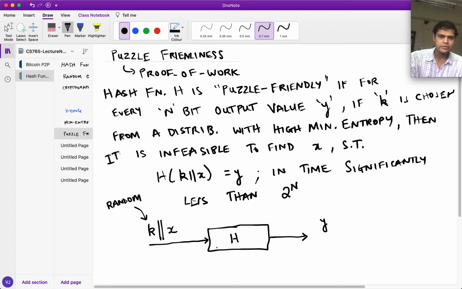So how would you do this? I am giving you this y of some value, I generate a random number k, and you have to find out x in order that hash of k concatenated with x is y. So this is the puzzle that I am giving you.